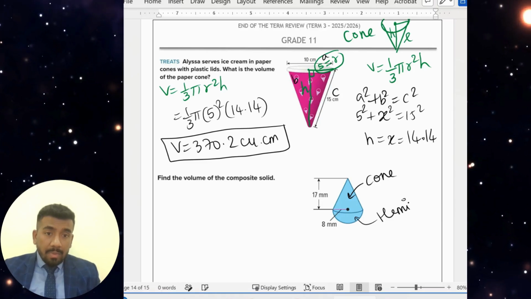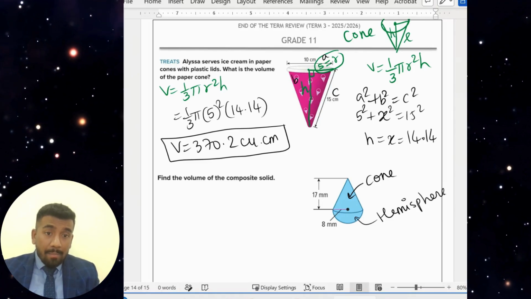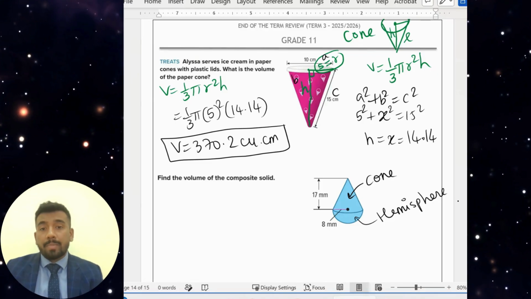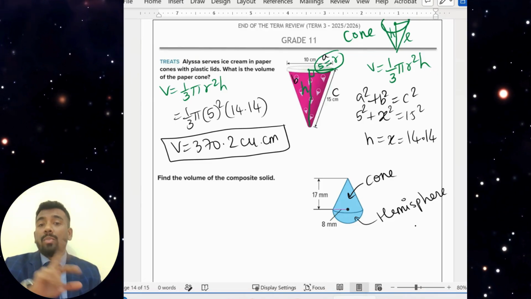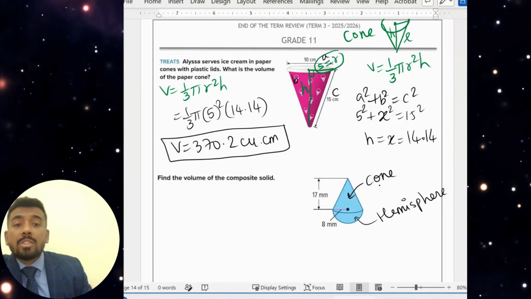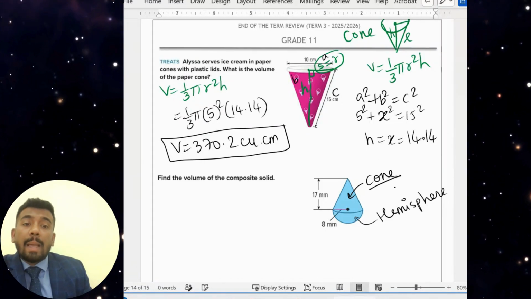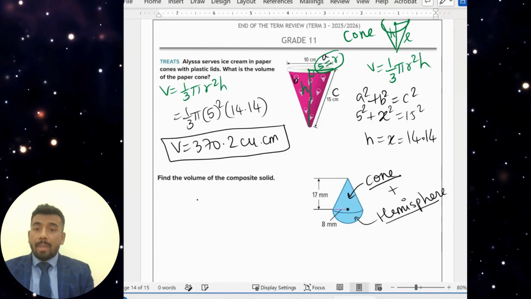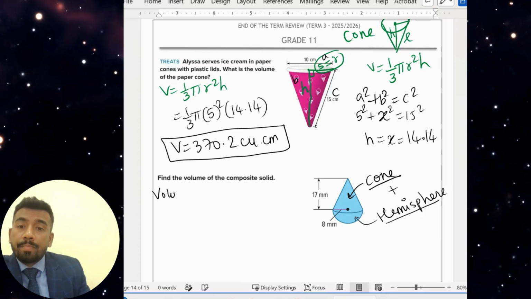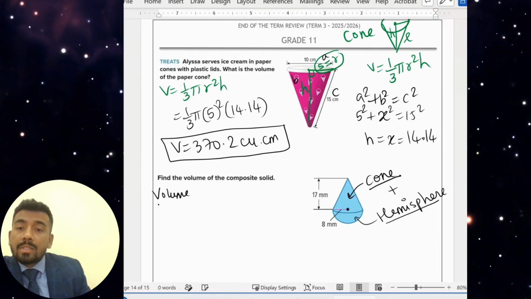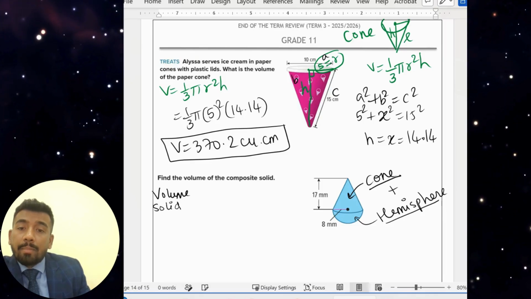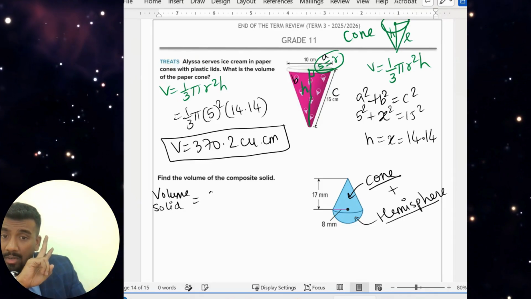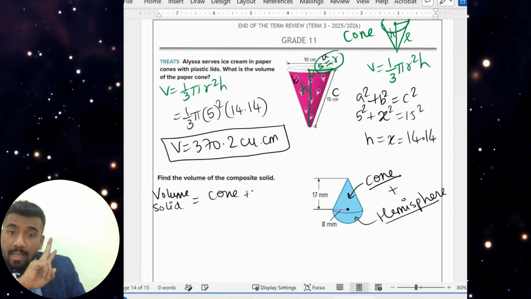What is half of the sphere called? Hemisphere. Okay. So we have to use the volume for both of these. So find the volume for this plus volume for this. That's the answer. So the volume of this solid will comprise two things: cone volume plus hemisphere.